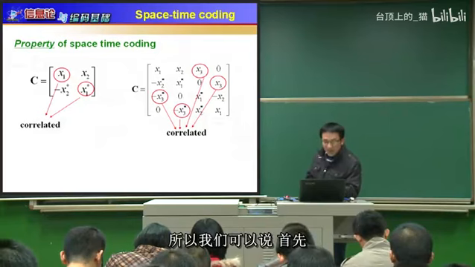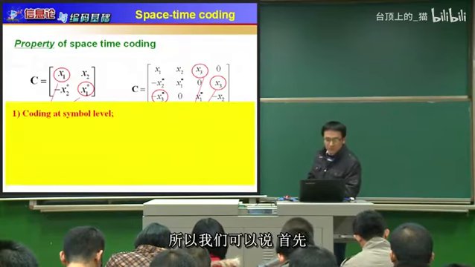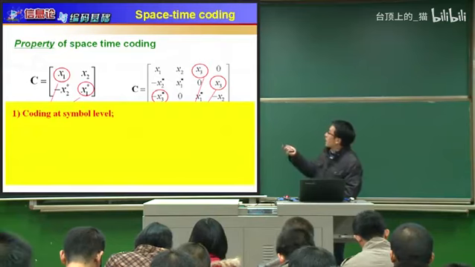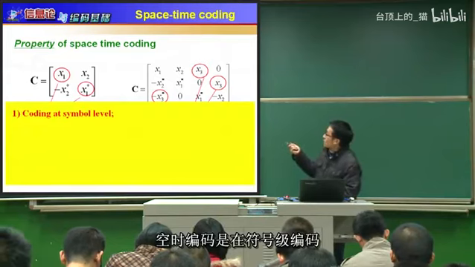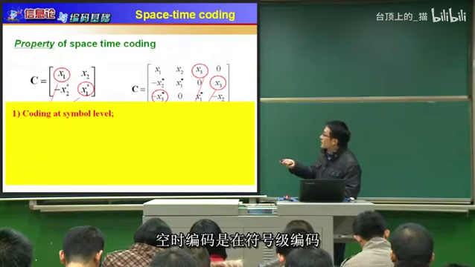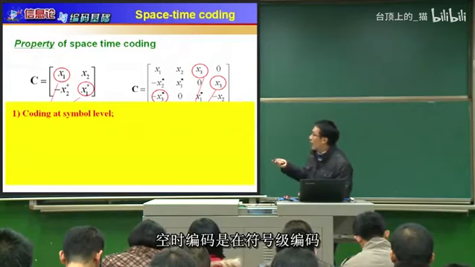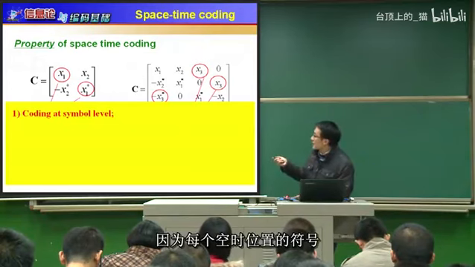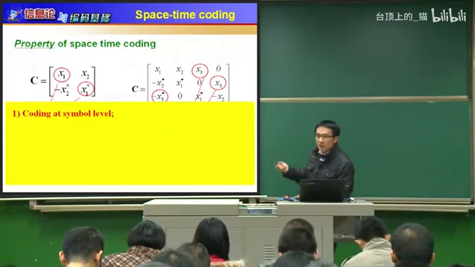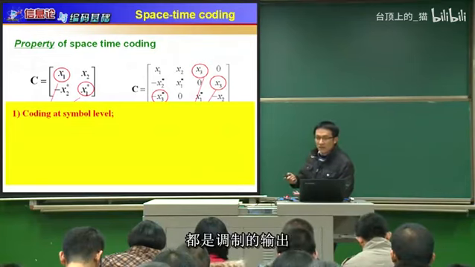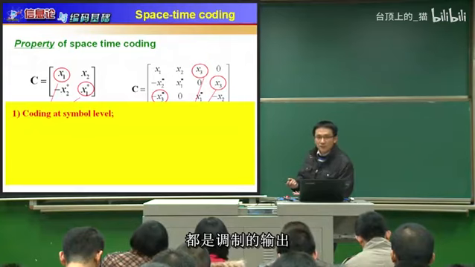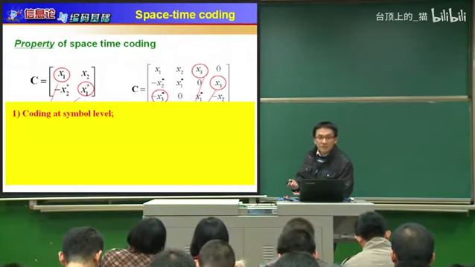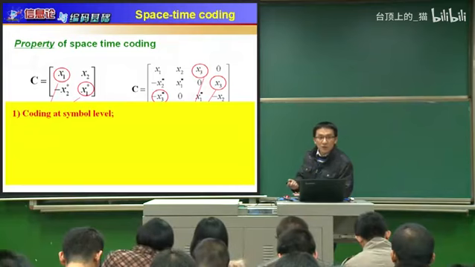So we can say, first, space-time coding is to make coding at a symbol level, not bits, because we see the symbol at each space-time position as the output from modulation. Okay, from modulation.